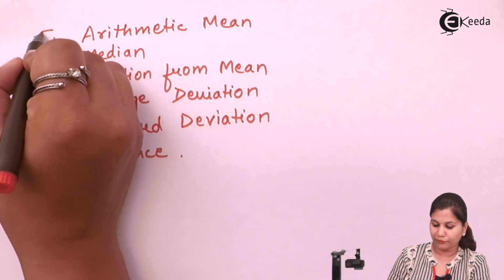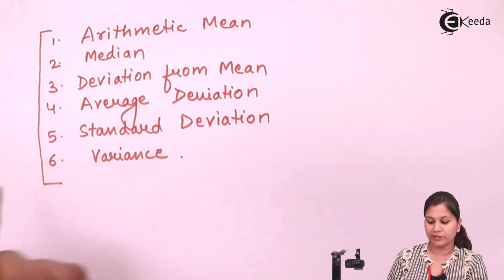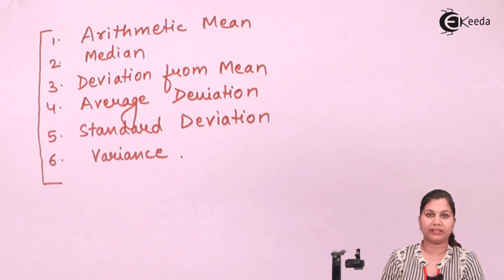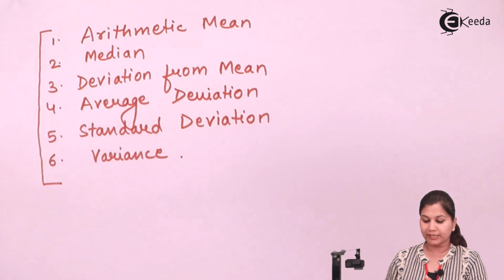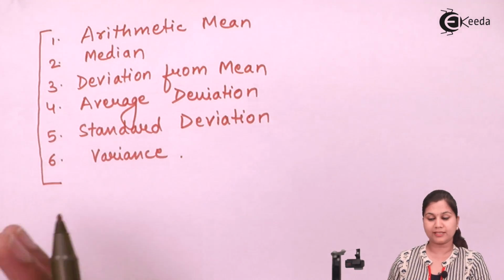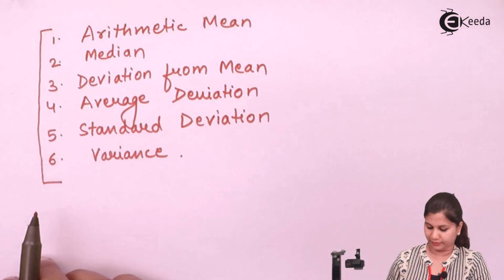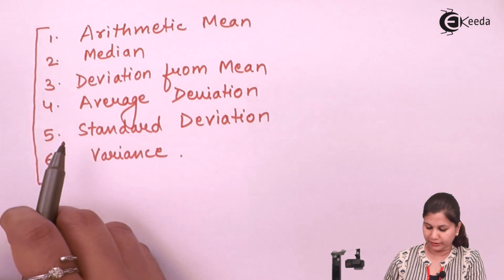These are some of the mathematical terms which are calculated when we are doing the statistical analysis over the measurement. So let us understand what these terms are and how they are calculated. First, we will start with the arithmetic mean.